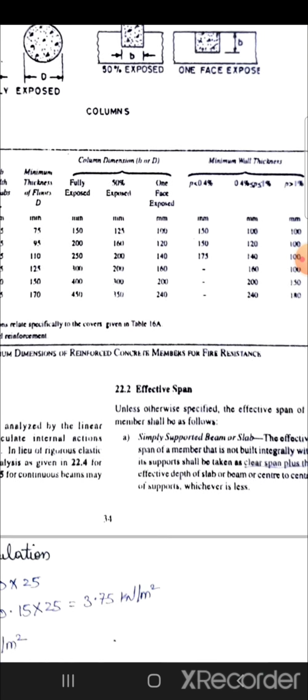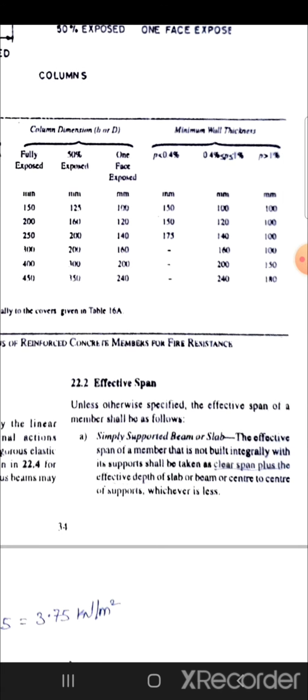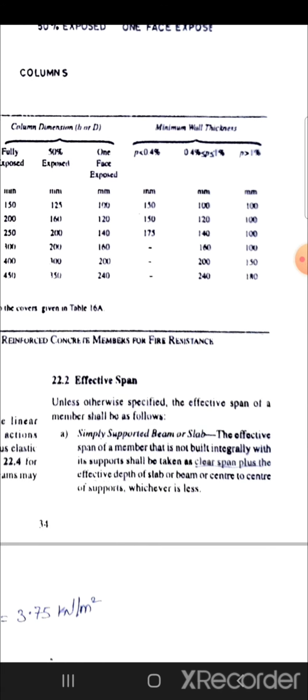Here in effective span, simply supported beam or slab, the effective span of a member that is not built integrally with its support shall be taken as clear span plus the effective depth of slab or beam or center to center support, whichever is less.